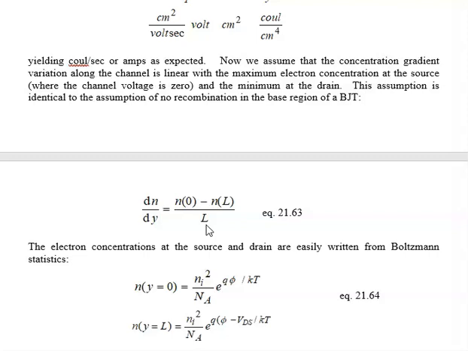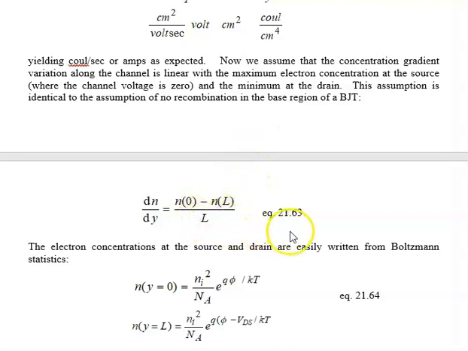Well, distance, of course, is just L. And we're making the assumption here that no charge is created or destroyed. Certainly not created, but it's also not destroyed as we move from the source to the drain. That's exactly the assumption we made in the BJT, that there's no recombination in the neutral source.